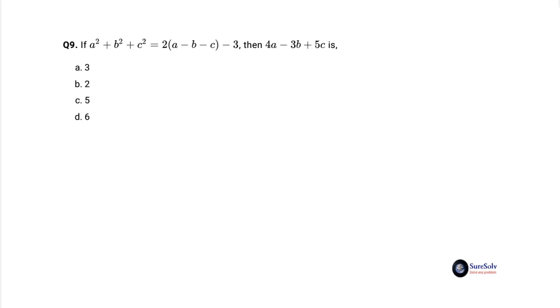In the given expression, a square plus b square plus c square equal to 2a minus b minus c minus 3, take all the terms from the RHS to the LHS and collect the like terms together to get a minus 1 whole square plus b plus 1 whole square plus c plus 1 whole square equal to 0. As the sum of squares is 0, each of the squares must be 0 for real a, b and c.